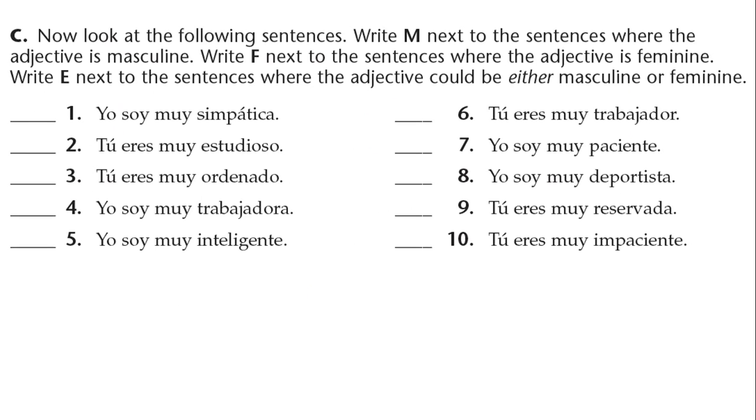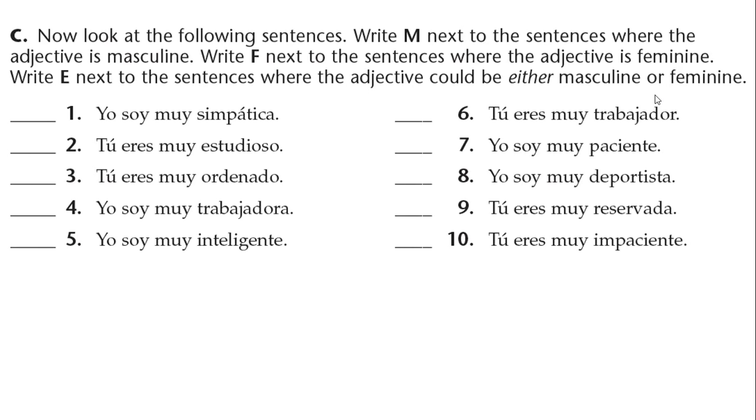So as we are looking at these sentences, you're going to write M next to the sentence if it is masculine, F if it is feminine, or E if it could be either. If we don't know, we can't tell the gender. So number 1, yo soy muy simpática. Yo soy is I am.